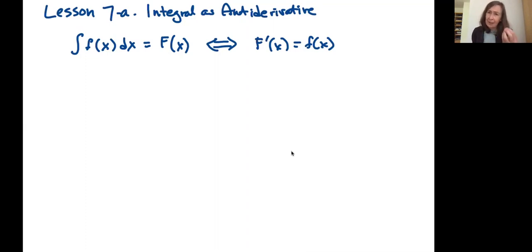I want you to be able to do a little bit of it because that will help you make the abstract concepts more concrete. It'll help you wrap your brain around the whole thing. But I'm less concerned with you being able to actually evaluate integrals than I am with you being able to understand the idea.